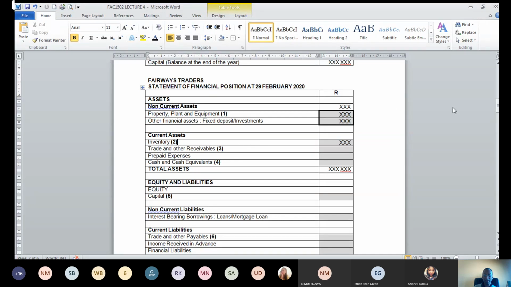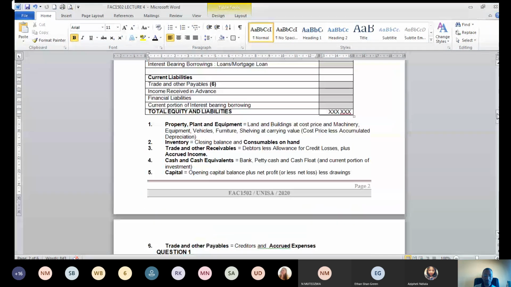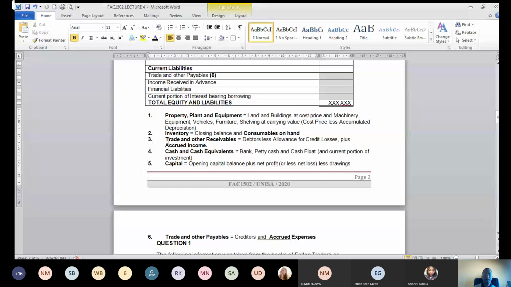Your next heading is your trade and other receivables. I've got it for you under number 3. Trade and other receivables consist of your trade receivables minus allowance for credit losses plus accrued income. Allowance for credit losses and accrued income, I will also explain to you guys in our next session, which will deal with adjustments and additional information.